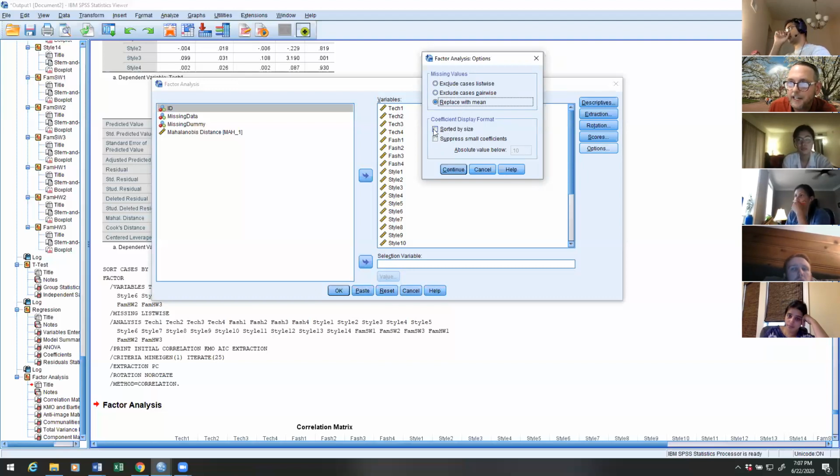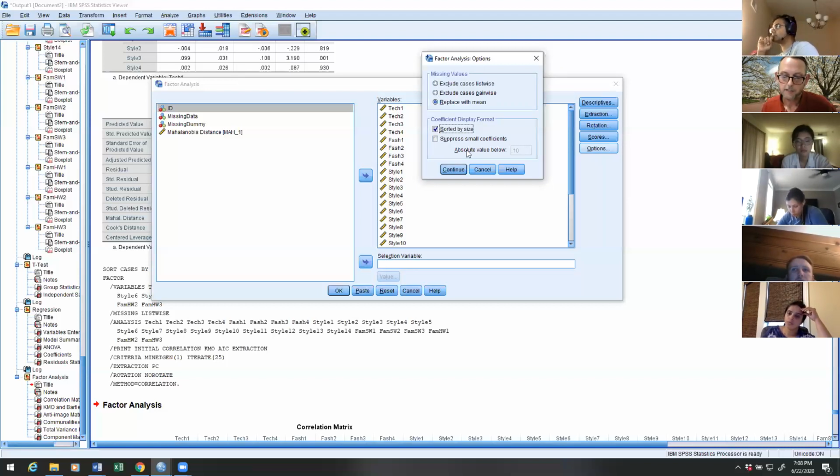The other area here, I know some of you picked up on this, is that sorting by size helps readability. Suppressing small coefficients does as well. This happens when you get the factor loadings. When you're deciding on retaining a variable, or whether there's a cross-loaded variable, you want to look at the size of the actual factor loading.